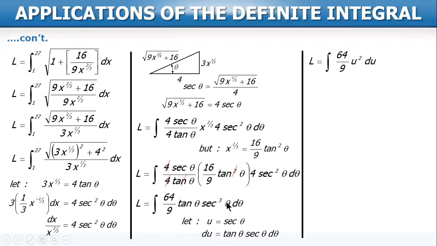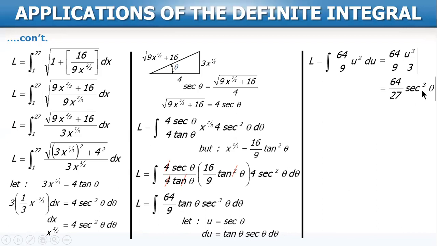So one secant is included in the du. So secant squared is left, or u squared du. And by the power rule, that's u cube over 3. 3 times 9, 27. You replace u by secant theta, and we have this.